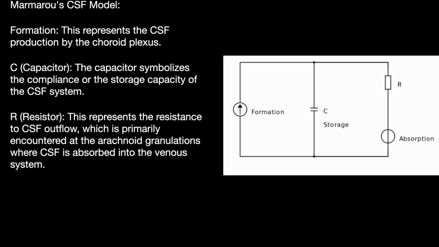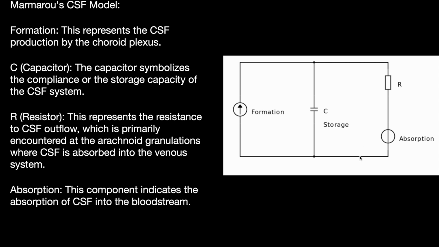Next we have the resistor. This represents a resistance to the CSF outflow. This is primarily encountered at the arachnoid granulations where the CSF is absorbed into the venous system. And finally, absorption. This component indicates the absorption of CSF into the bloodstream. So overall, all these things help us understand how to use these new findings in our clinical practice and help these patients.